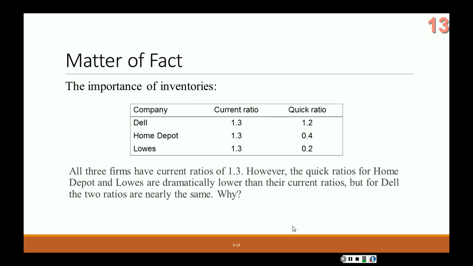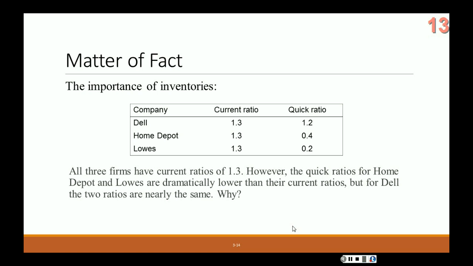Inventory is very important. If we compare Dell, Home Depot, and Lowe's, we see that all three have a current ratio of 1.3. If we look at the more conservative measure of liquidity, the quick ratio, we see that their quick ratios are drastically different.